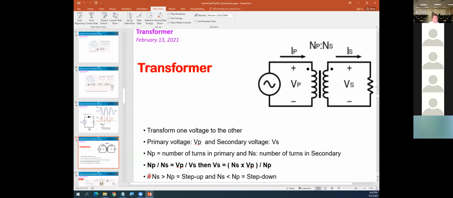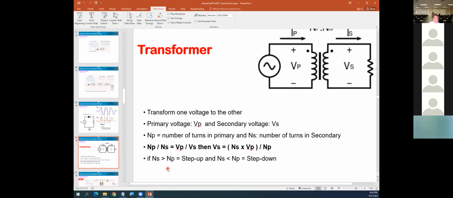So you get the formula NP over NS equals VP divided by VS. That tells you, if you want to calculate the secondary voltage, you can take VS equals NS times VP divided by NP.